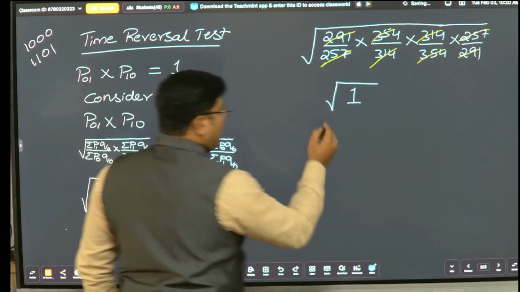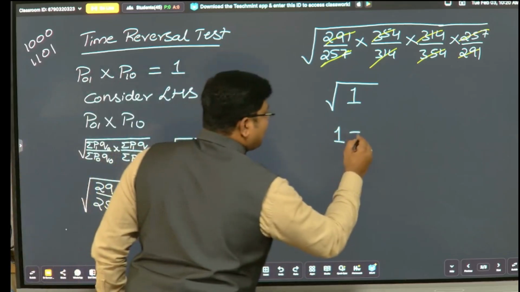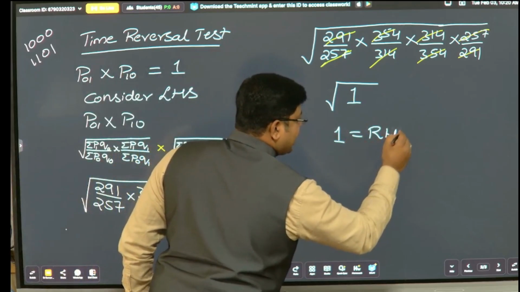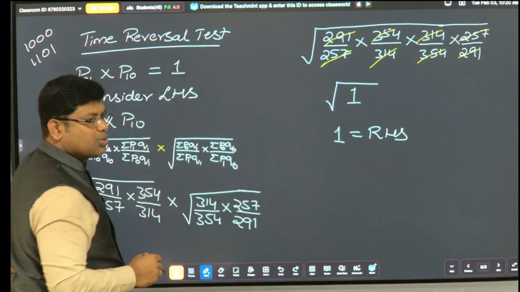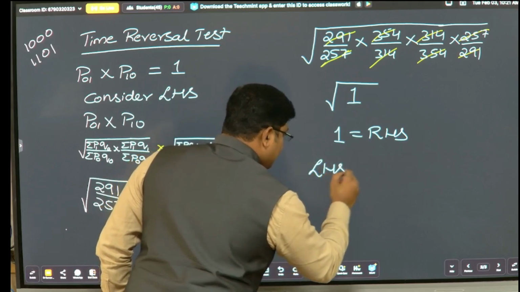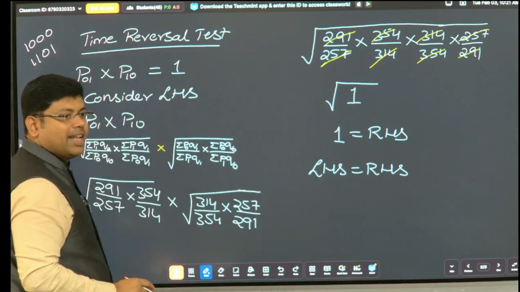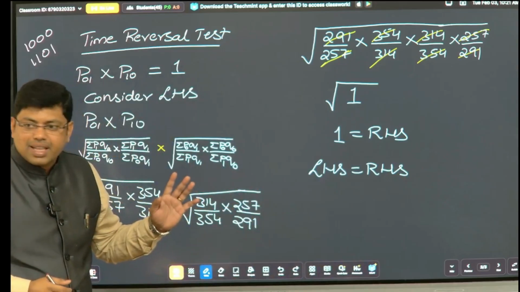Square root of 1 is what? 1. So now can I write this as RHS? Because RHS in the formula is 1. So can I write now LHS is equal to RHS? Hence it is proved. Clear?